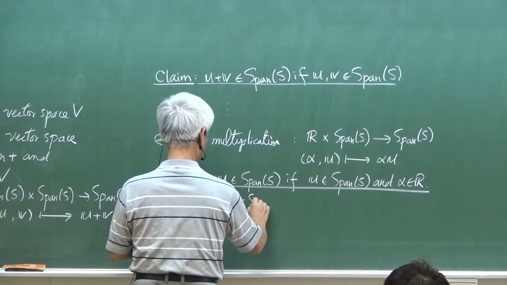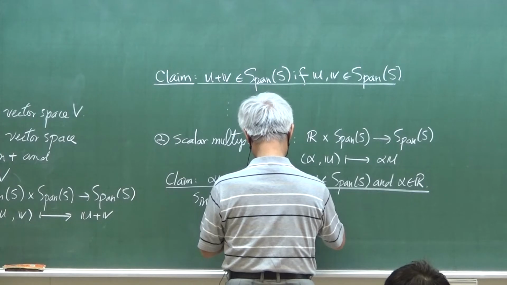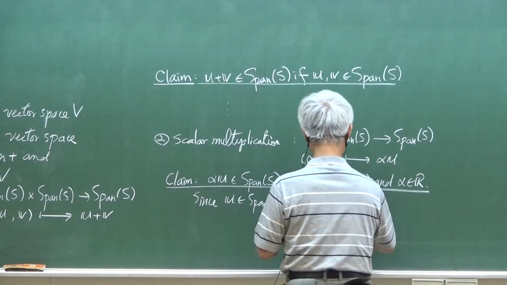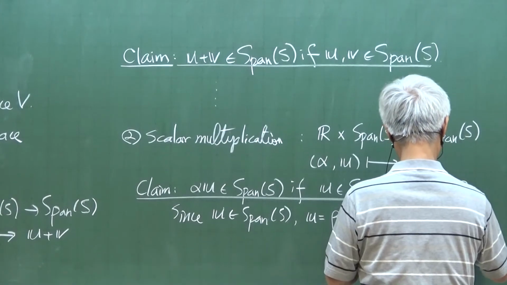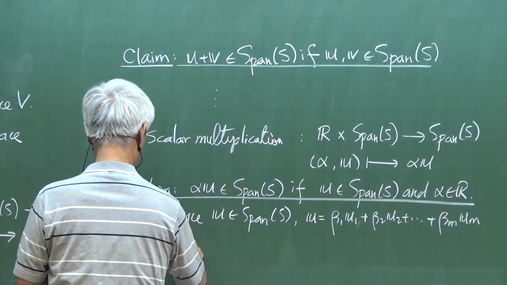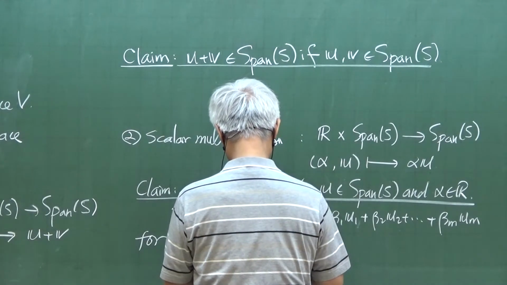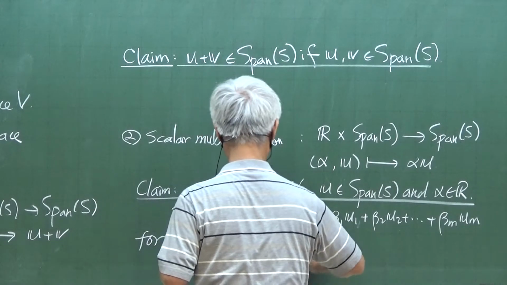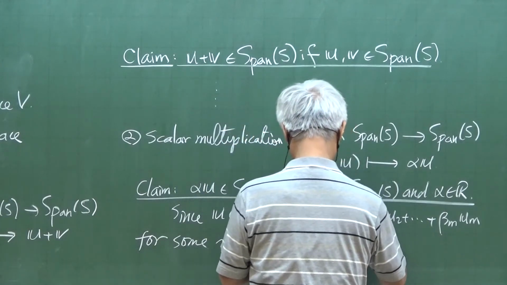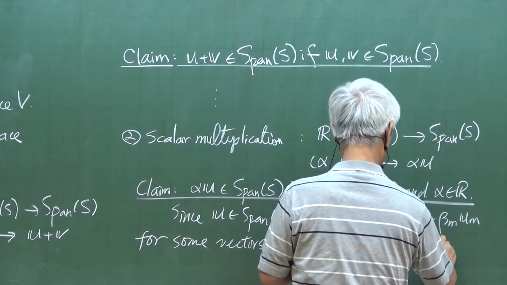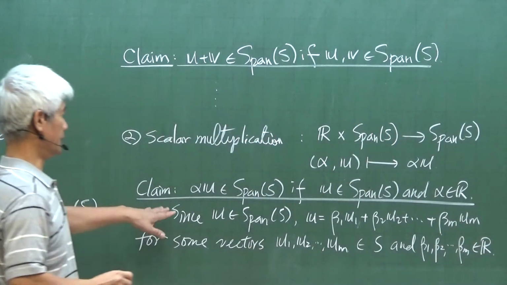Since u is in the span of S, u is equal to beta 1 u1 plus beta 2 u2 plus beta m um, for some vectors u1, u2, up to um in S, and scalars beta 1, beta 2, up to beta m in R. Right, so we have that.